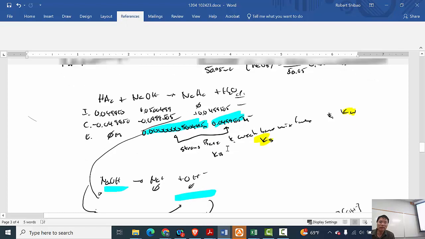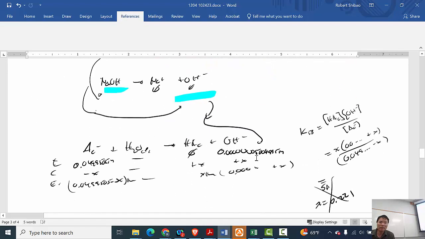So, you know, if this is 5 times 10 to the minus 8, but if I had like 10 to the minus 2, maybe even 10 to the minus 3, I wouldn't worry about the weak base. The strong base is going to dictate it. Okay, I'll stop here, and then we'll continue.